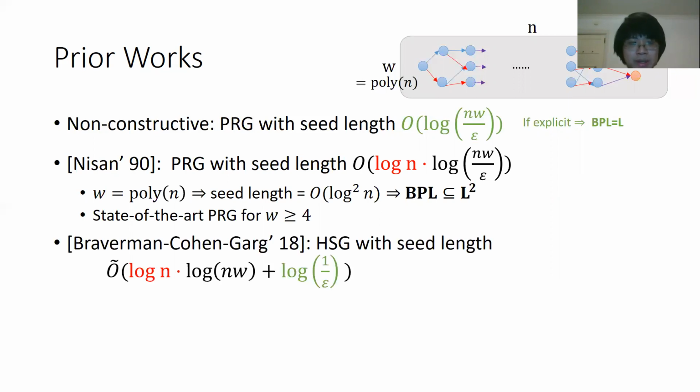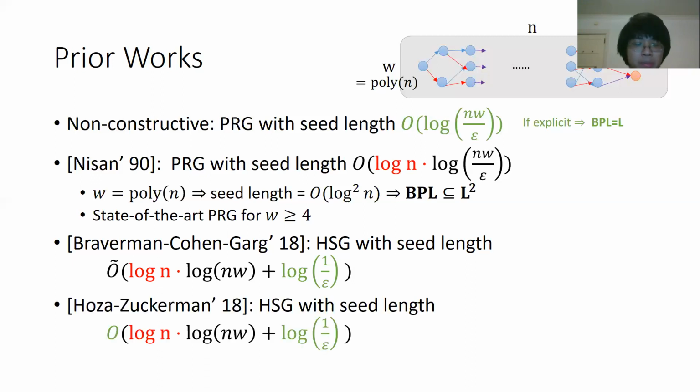But recently, there is a surprising result by Braverman, Cohen, and Garg showing that if we only need a hitting set generator, then we can actually remove the log n factor from the log(1/epsilon) term. A later work by Hoza and Zuckerman showed that they can further remove the log factor from the BCG paper. Hoza and Zuckerman use a very beautiful construction, which only requires 2 pages to prove.